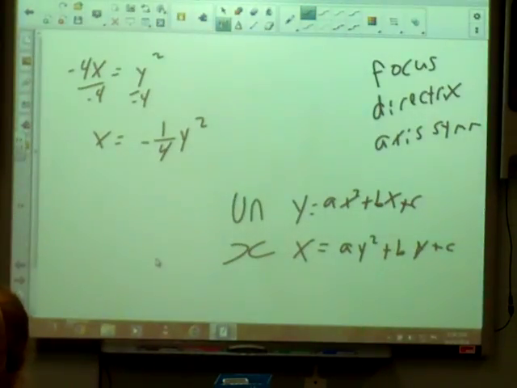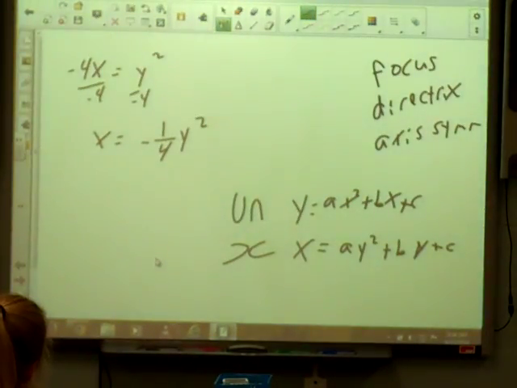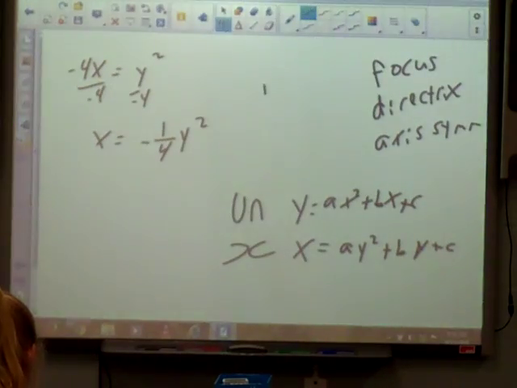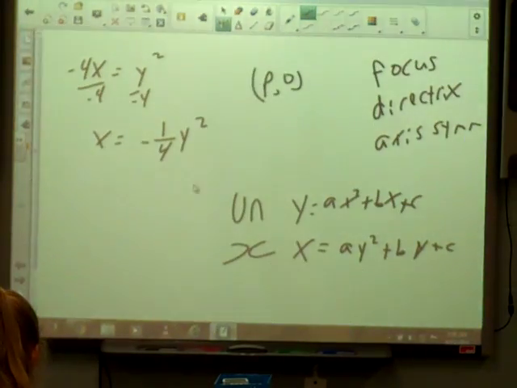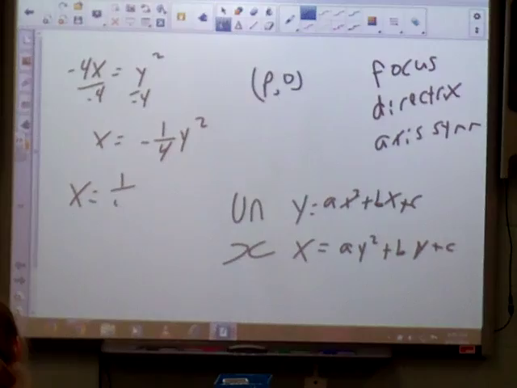Now, looking down there at the bottom two, because this is a sideways one, the first thing I need to figure out is p. I don't know why they chose p for the variable, but p is going to tell me my focus. Remember, in the bottom ones, my focus is (p, 0). So I have to figure out what is in the p spot, and it said x equals 1 over 4p times y squared.